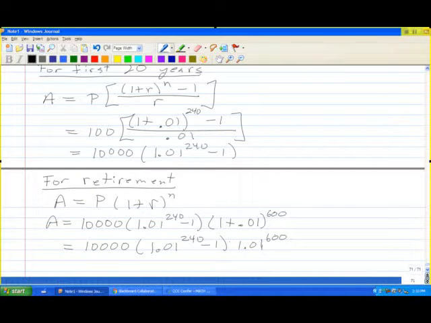And so let's see how much money that is. So how much does that $100 come out to equal?